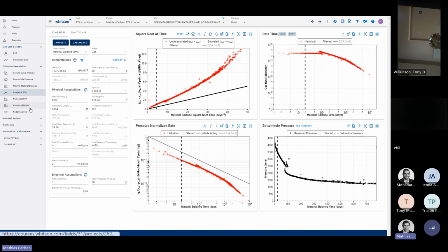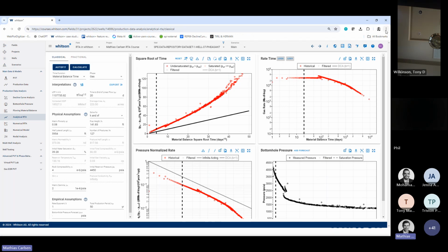Here I'm going to go very slowly through all the moving pieces on this page because it has a lot of the things that we talked about and just learned in the theory piece. Again, this is the classical RTA piece. In the RTA here, you have classical up here, and then fractional here. At this point, I want to make sure that you have done some of the basics.